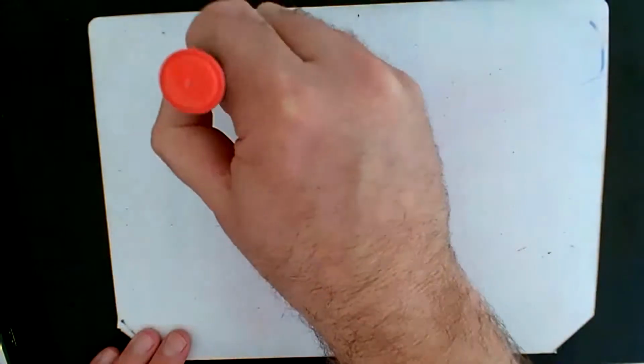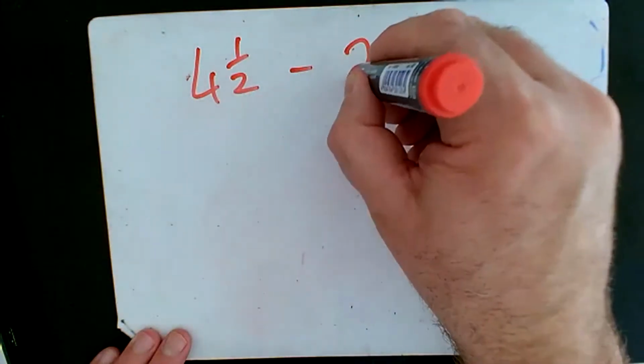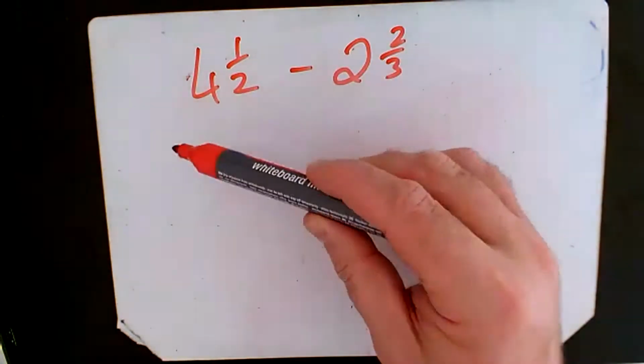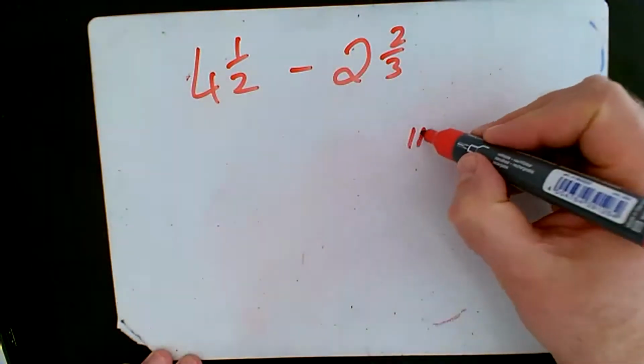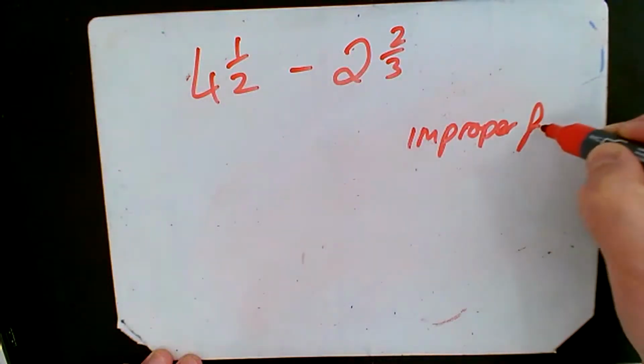Can you please see if you can remember how to do that with this one? Have a go at this one: 4 1/2 minus 2 2/3. First step, mixed number to improper fraction, then common denominator. I'll write that in case you can't remember.